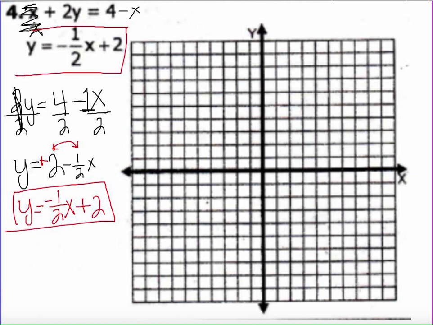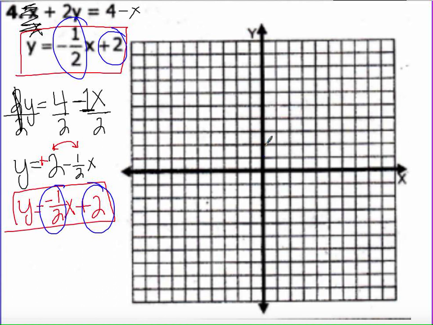The second one was already in slope-intercept form. A lot of you will notice before I even graph that both the slopes are the same and the y-intercepts are the same. So if we know what we're looking at, we have the same equation. I should have infinite solutions.